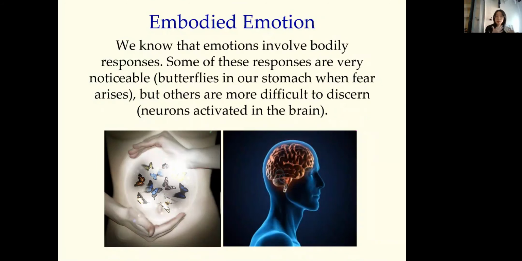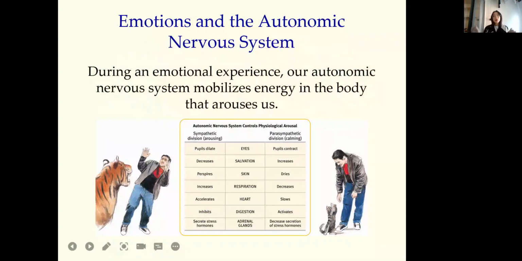So the emotion and our body are closely connected to each other. Now we'll look further into how emotions and our nervous system are related. During an emotional experience, our autonomic nervous system mobilizes energy in the body that arouses.